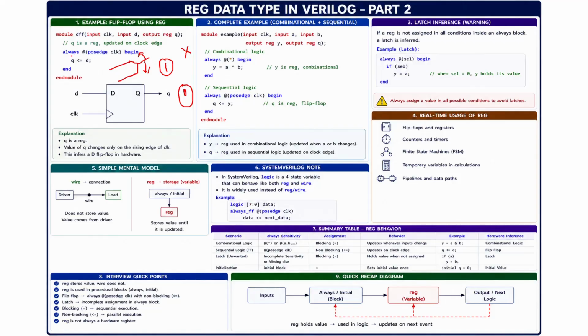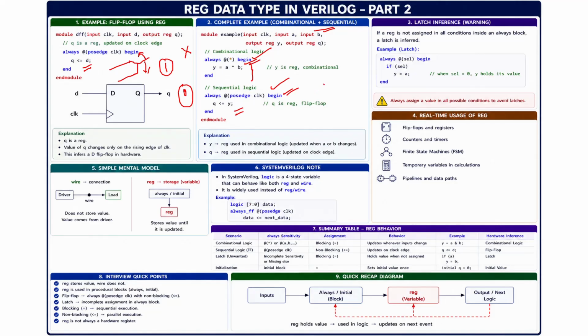See, D flip flop: always at the rate posedge clock Q equal to D. That is just a simple assignment, the D flip flop assignment. Then for the complete code for combinational and sequential circuits, while you are using combinational circuits like A XOR B operation, I am writing it. Similarly, we can use different always begin blocks, one for combinational circuits and one for sequential circuits.